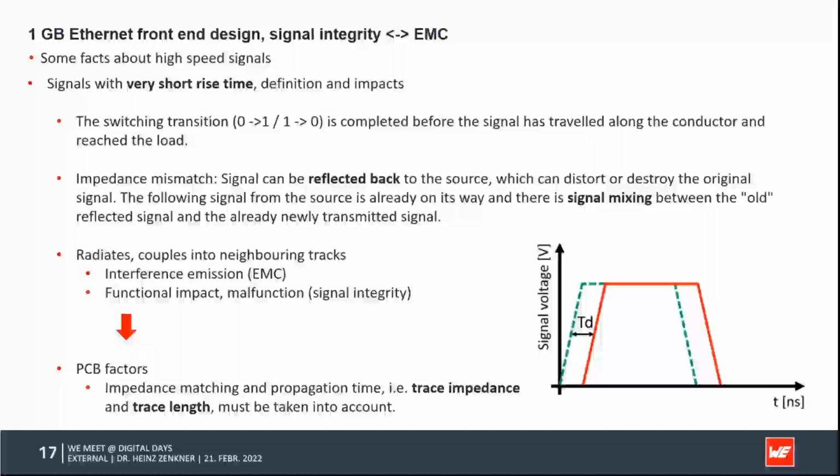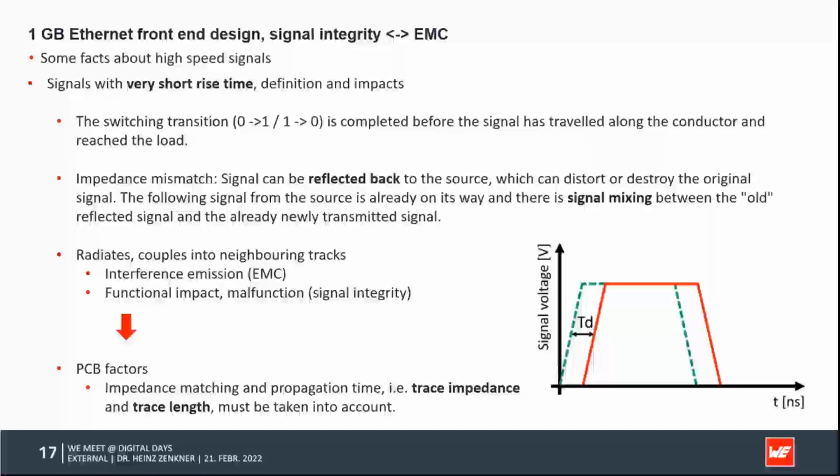We say if the switching transition, meaning if the signal goes from 0 to 1 or from 1 to 0, is completed before the signal has traveled from the source to the load, we have a high frequency signal where the rise time has to be considered.